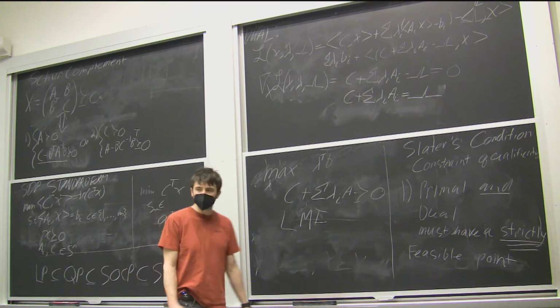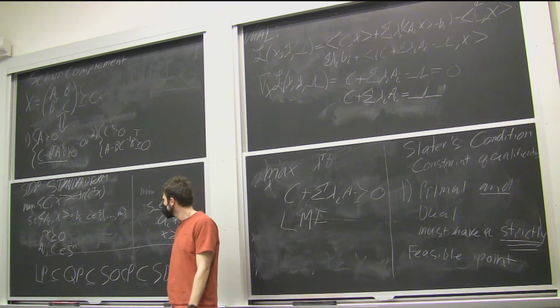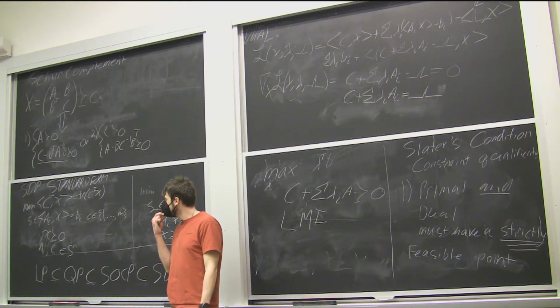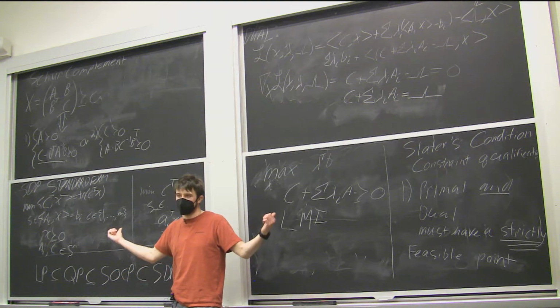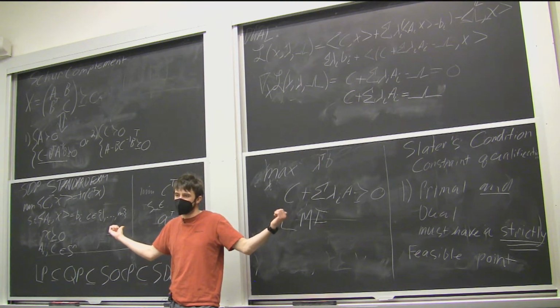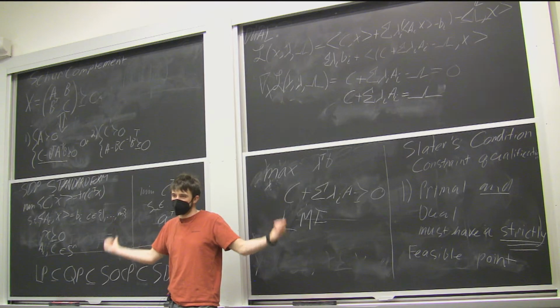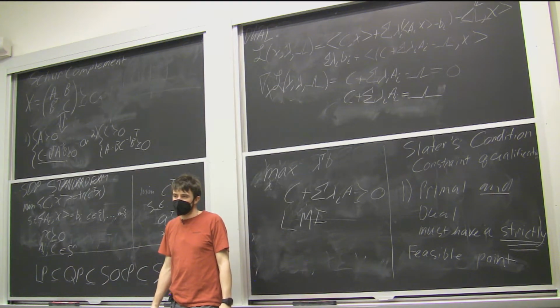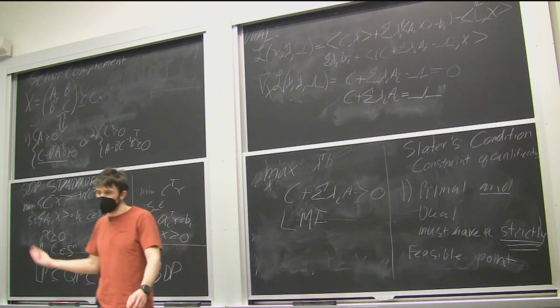Yes, you can, right? But usually what you do when you solve these, Benoit was saying, you solve them at the same time because it gives you an idea of what the central path is. But you can solve either one and it's fine.